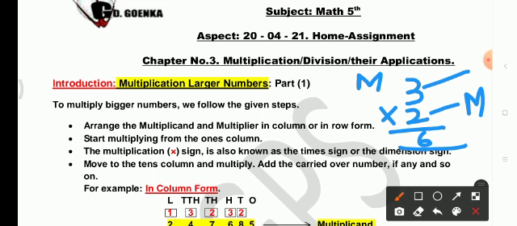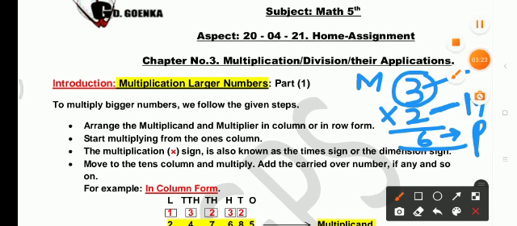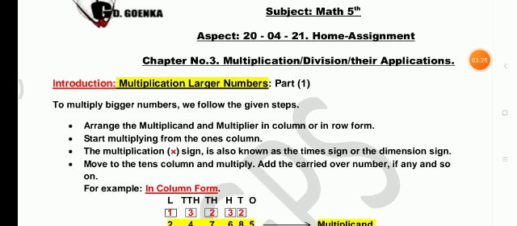And at last, the number obtained by multiplying the two numbers is called the product. So here, students, 3 is the multiplicand, 2 is the multiplier and 6 is the product. I hope, students, you got what multiplication is and what are the terms related to multiplication.